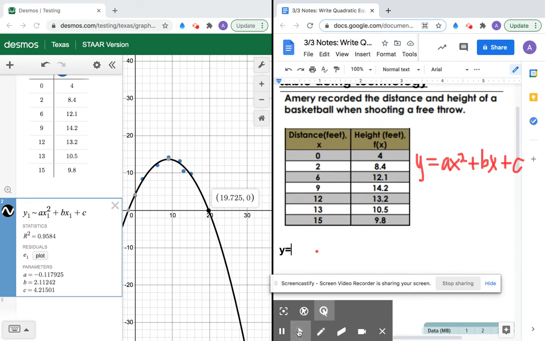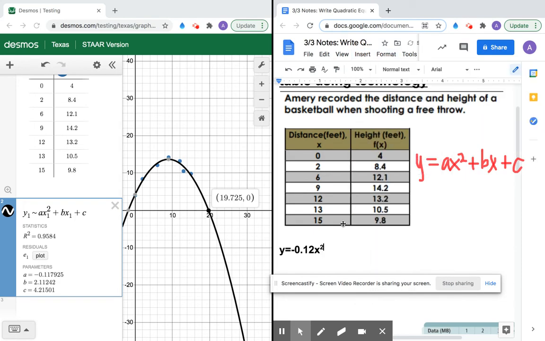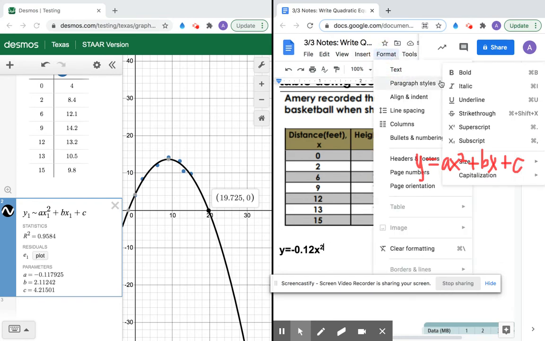So a is negative 0.12, negative 0.12x, and then you need to square that. Let me erase this piece. You can use your caret symbol for squared, or I'm going to insert my superscript 2, x squared, format text.